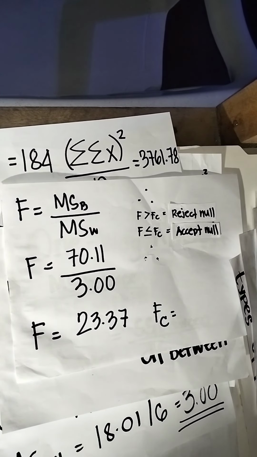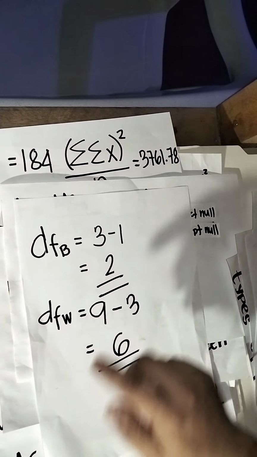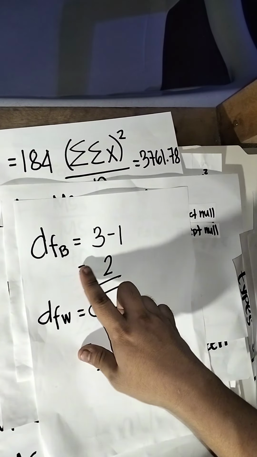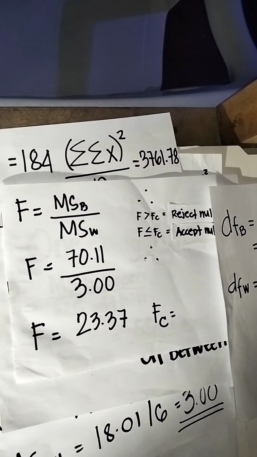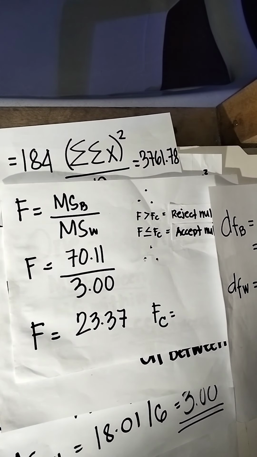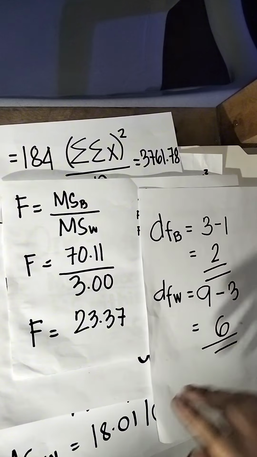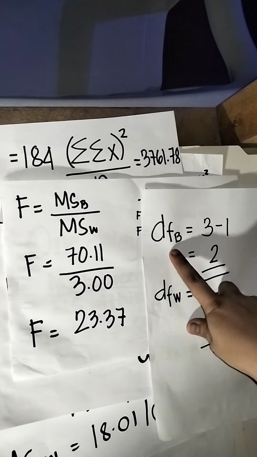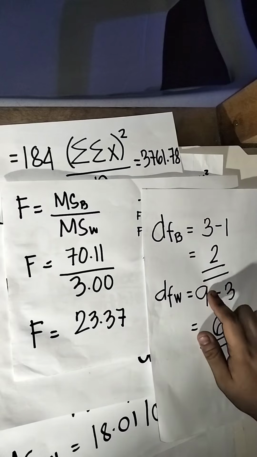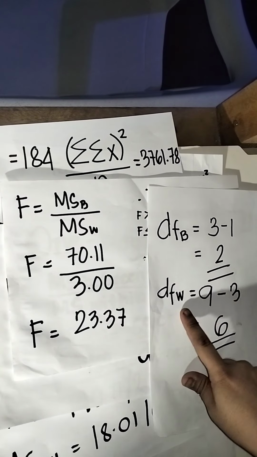To get the critical F, we need to have the degree of freedom between and degree of freedom within. What is the degree of freedom between? So we have 2. What is the degree of freedom within? We have 6.